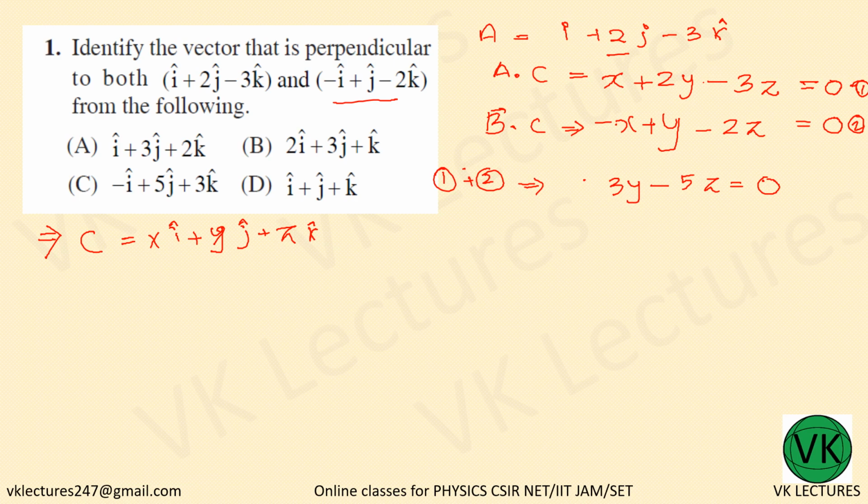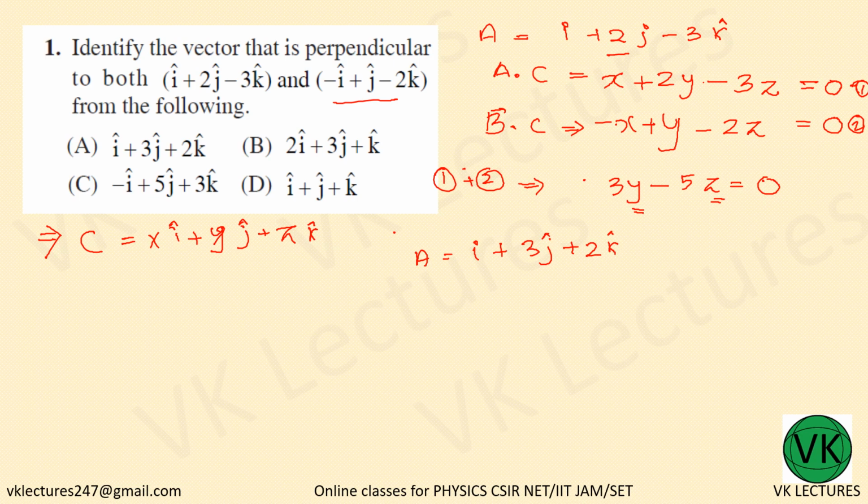Now take each option and check the coefficient of y and z and put it equal to this. For example, now we will check with option A. What is option A? A is i plus 3j plus 2k, right?